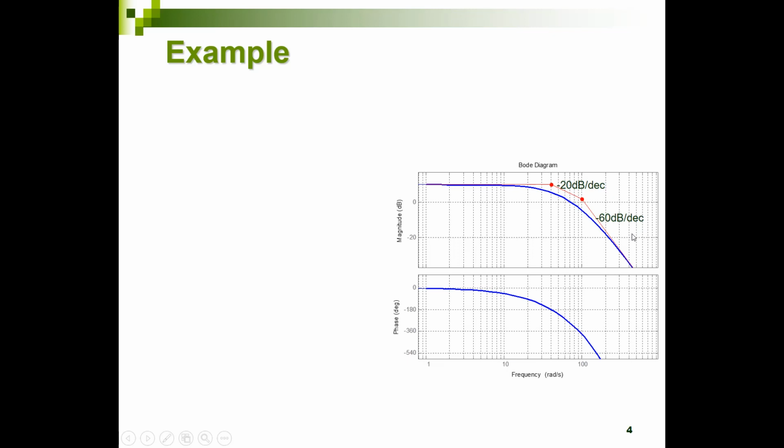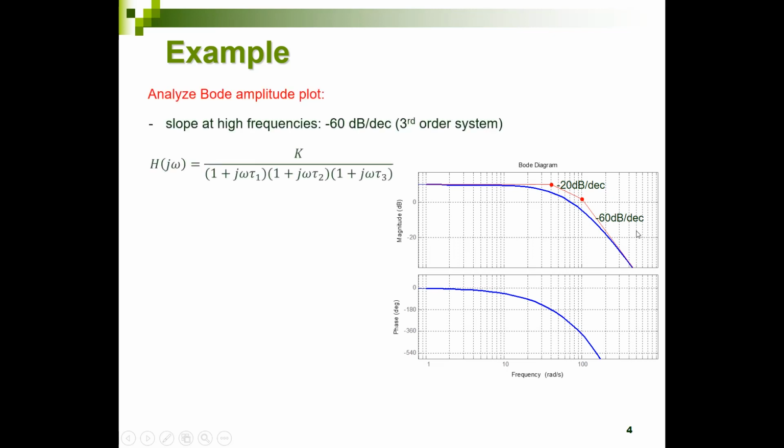Remember, a first order system has a slope of minus 20 dB per decade at high frequencies, and a second order system has a slope of minus 40 dB per decade. So minus 60 dB per decade should indicate that we have a third order system. So this could be my transfer function for my system, which I analyze from the Bode amplitude plot.